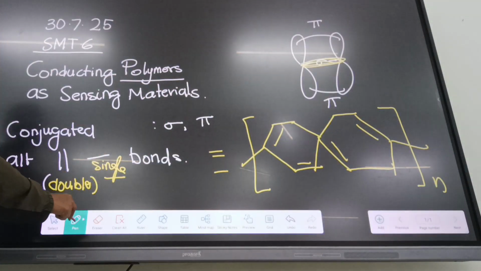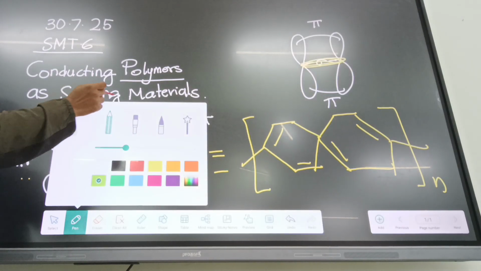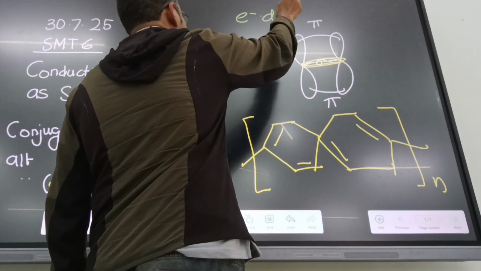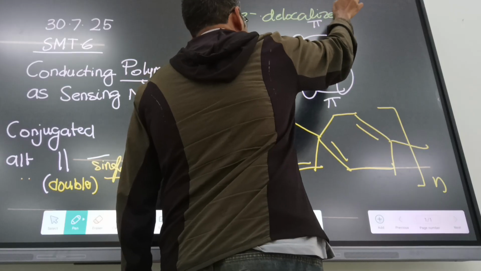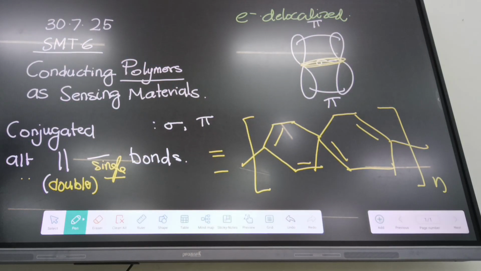The special thing about this pi bond is that the electron is delocalized. Electron is delocalized. It's not as strongly bound as the sigma bond.